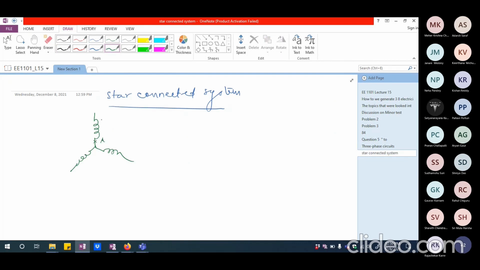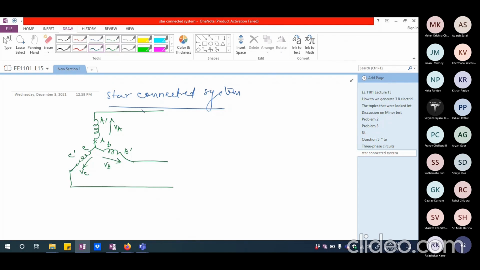So we said this is A dash, B dash, and C dash. Whatever is the winding voltage, we called that VA. We called this winding voltage VB, and this winding voltage VC, and these are the three lines that will be taken to the transmission system.